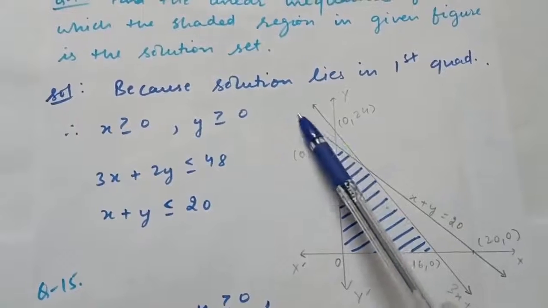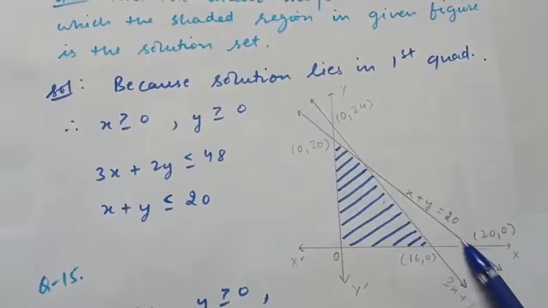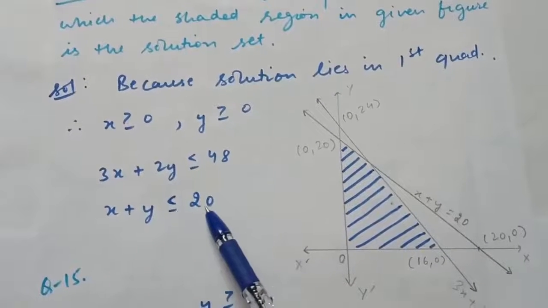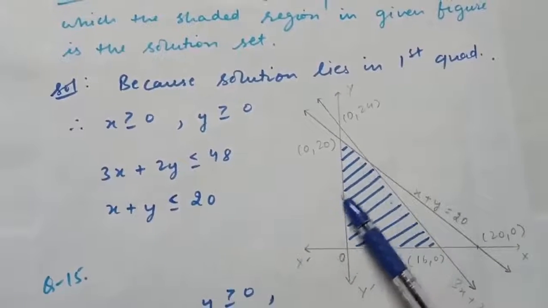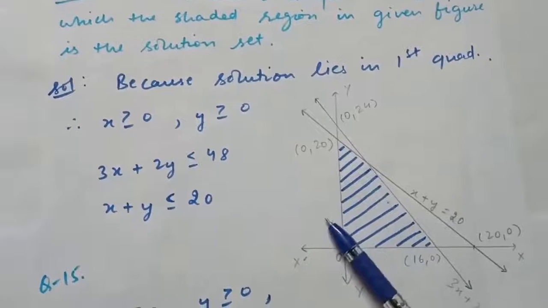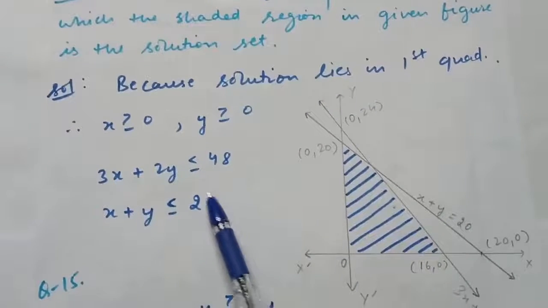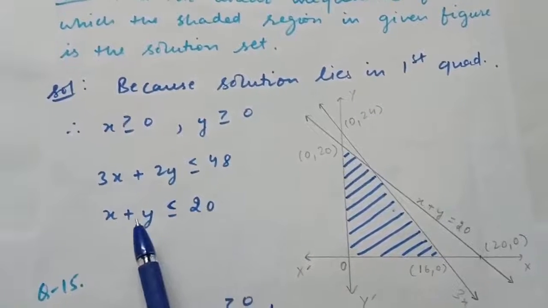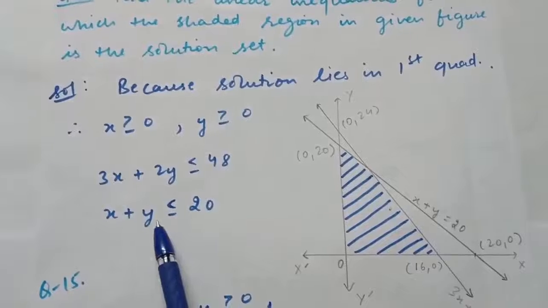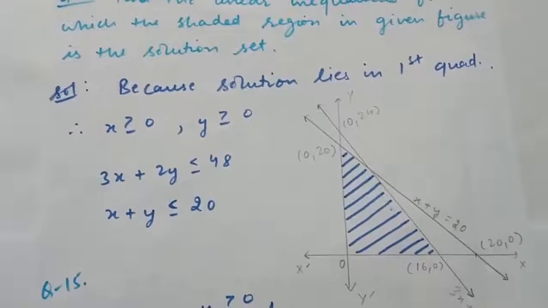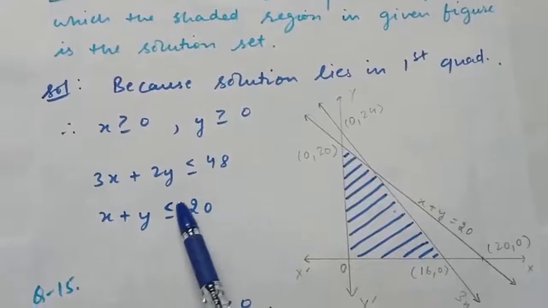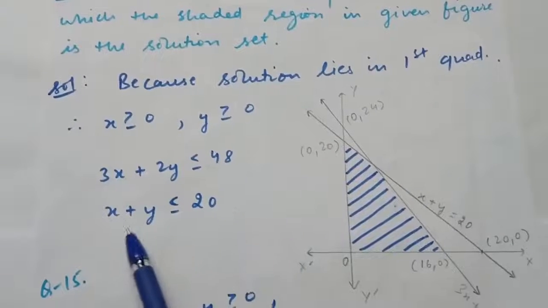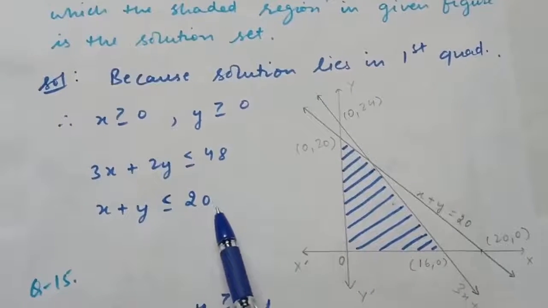Because the line is dark, or you can say solid, we will take equality, and also the shaded portion lies towards the origin, so this inequality should satisfy the origin test. So when you put 0 in place of x and y, it should be less than 20, right? Therefore we will take the sign of less than. So for this line we will get the inequality x plus y less than or equal to 20.